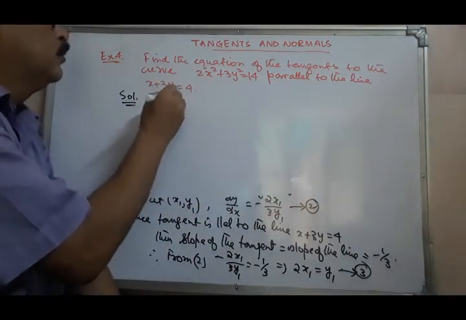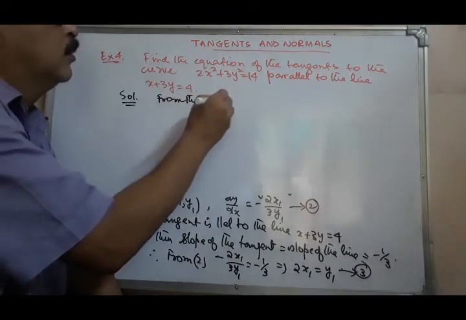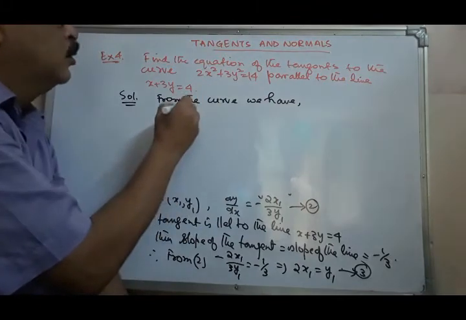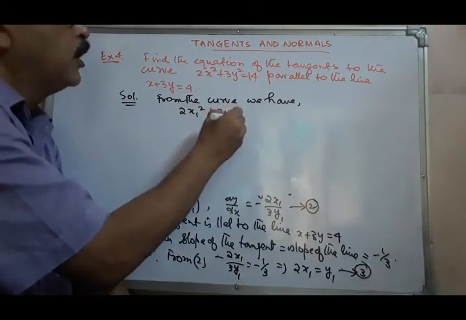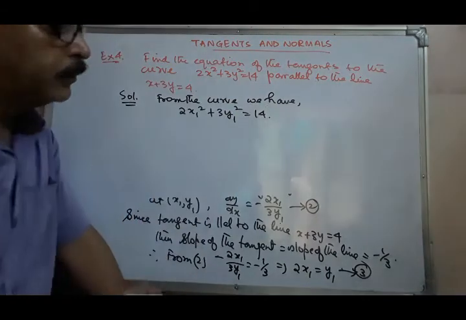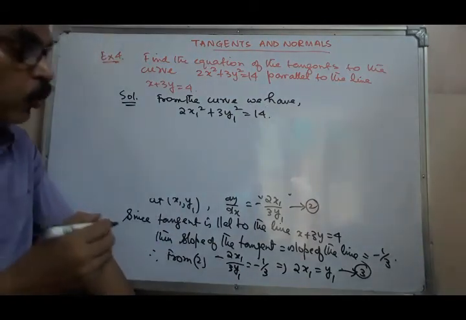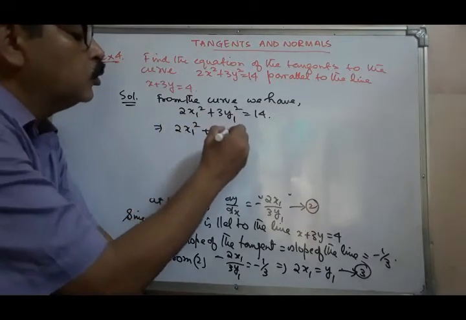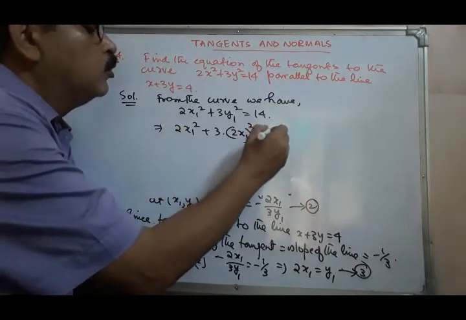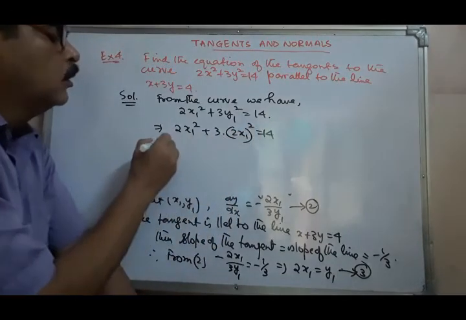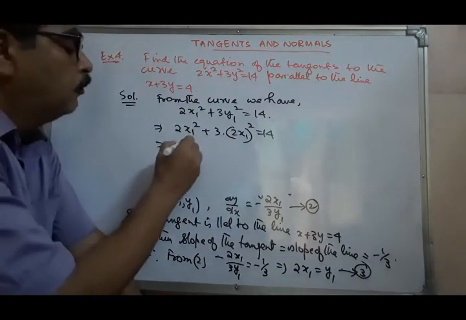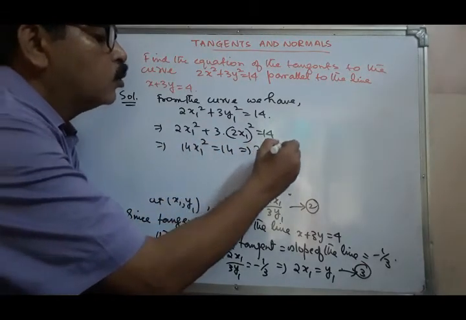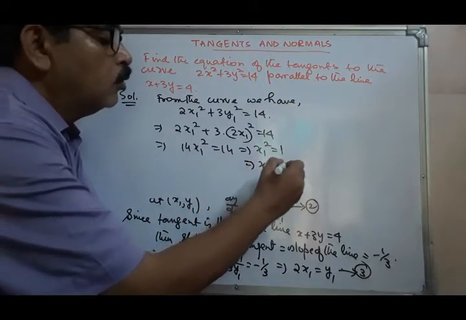From the curve, we have 2x1 square plus 3y1 square equal to 14. Replacing y1 equal to 2x1, so 2x1 square plus 3 into 2x1 whole square equal to 14. That is 14x1 square equal to 14 implies x1 square is 1. That is x1 equal to plus minus 1.